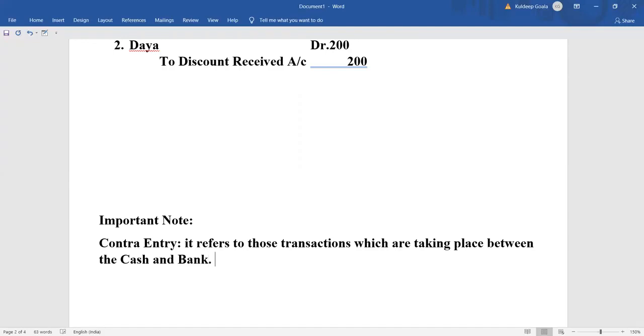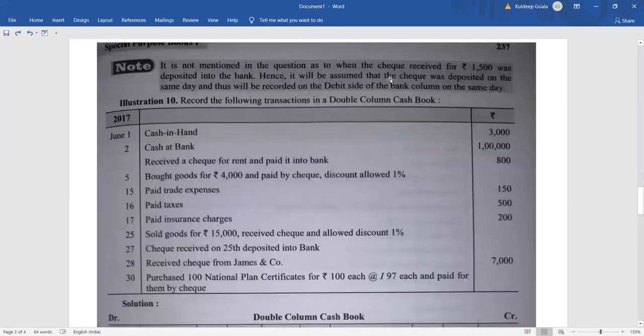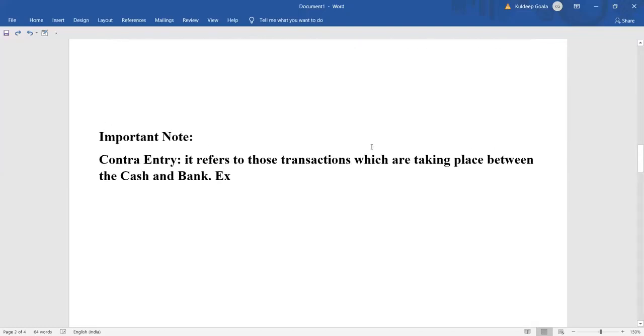Like for example, you can say cash deposited in the bank. Check deposited, we have now changed it to check in hand, so you can ignore that now. Cash deposited in the bank, or even you can say cash withdrawn from bank.